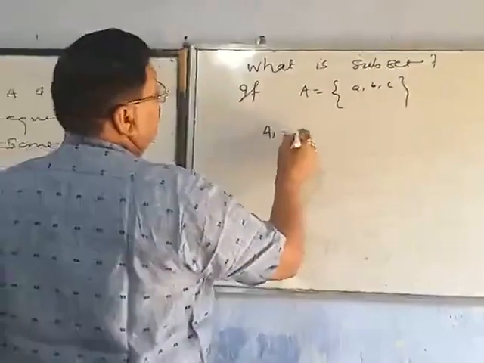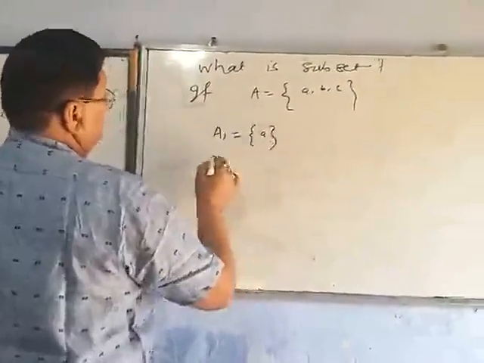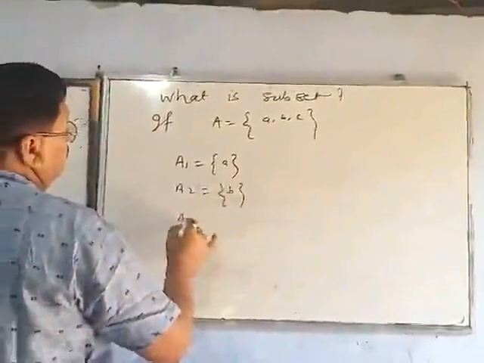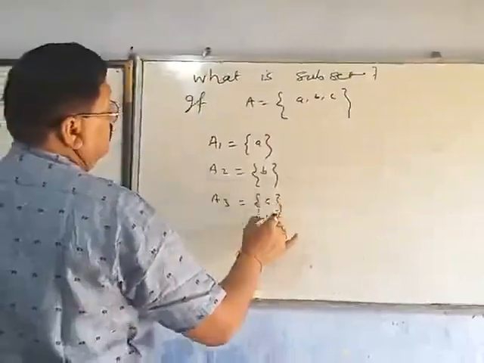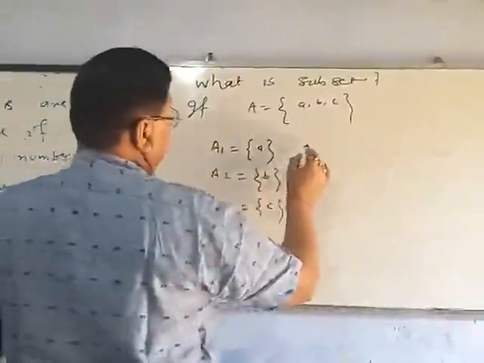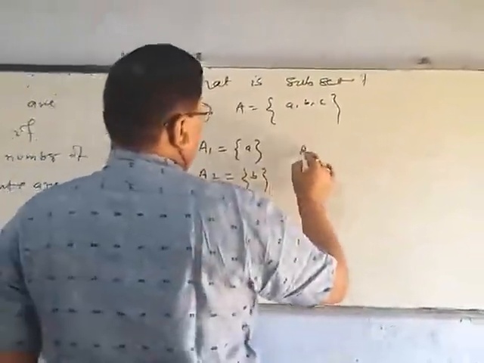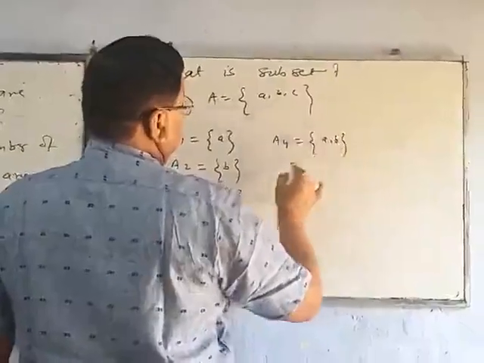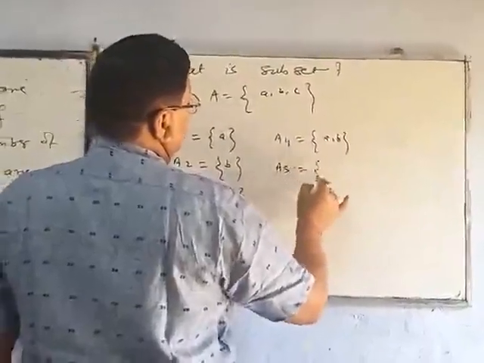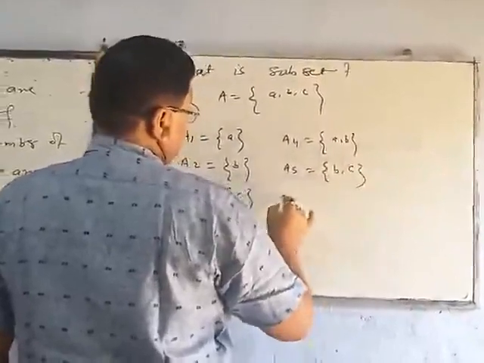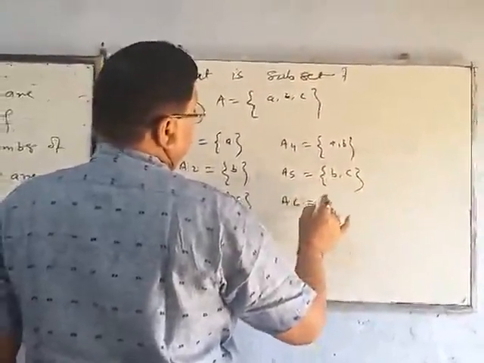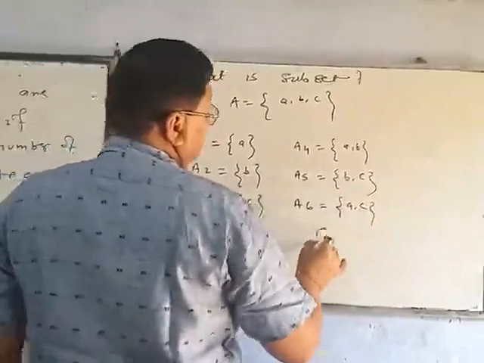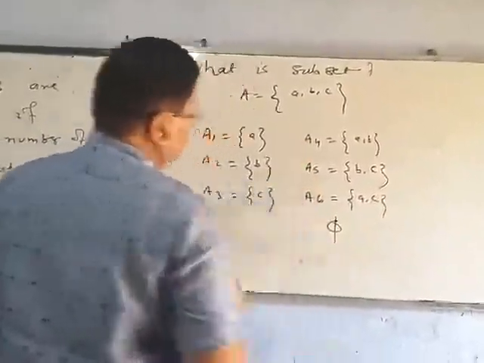A1 is a set having element a, A2 has b, A3 has c, A4 has ab, A5 has bc, A6 has ac, and the null set is also a subset.